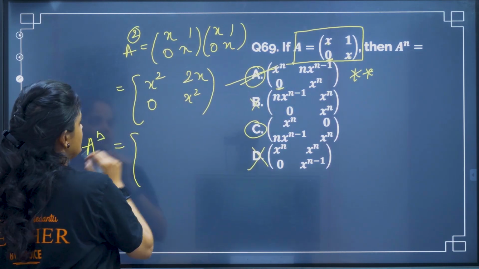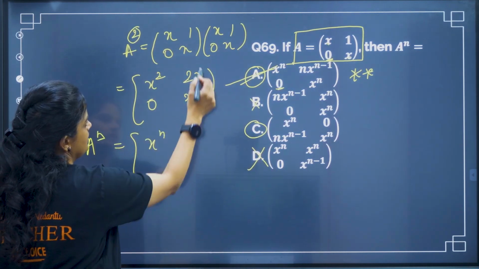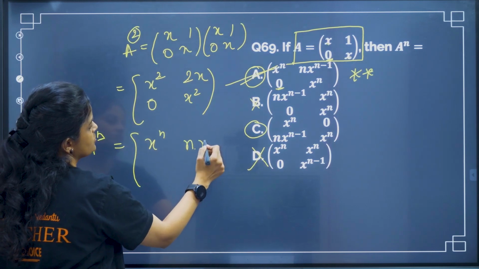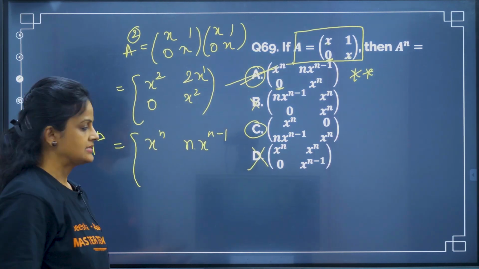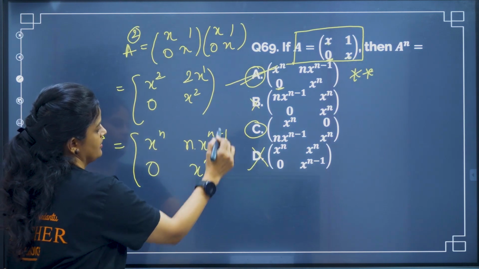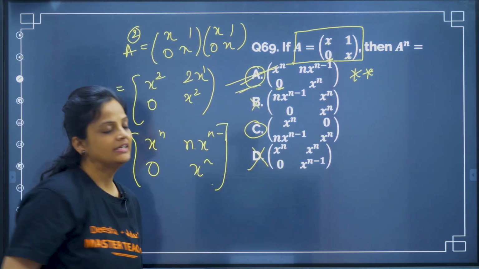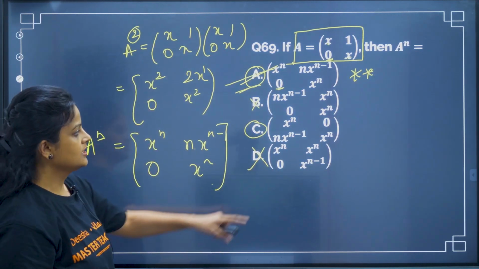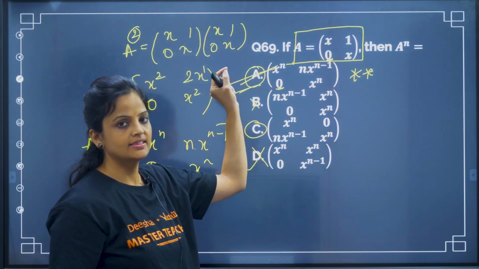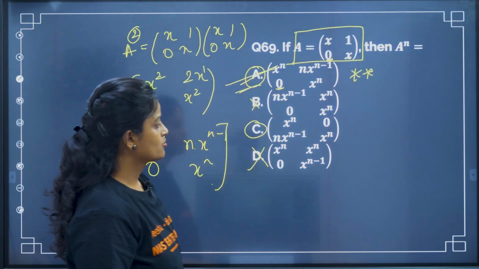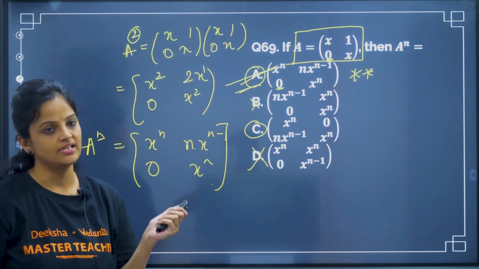If the power is n, make that x power n, and here n into x to the power of n minus 1, because 1 will be there. So generalize that, 0 and x power n. That's all. So that will give you option A, not C, because 0 is sitting here. So 0 exactly has to sit there only. Seeing that, we can rule out option C as well.